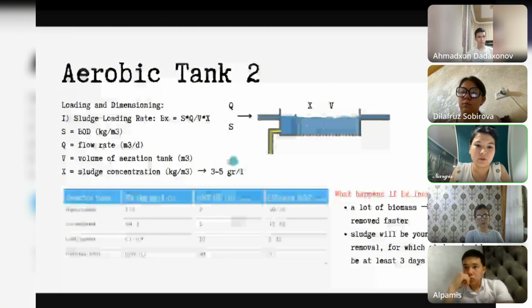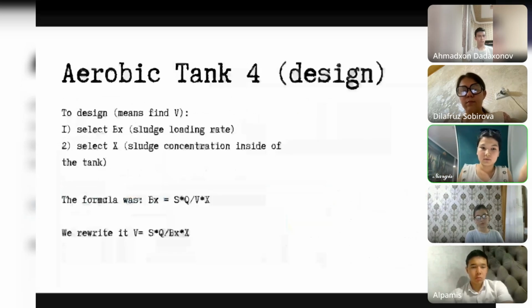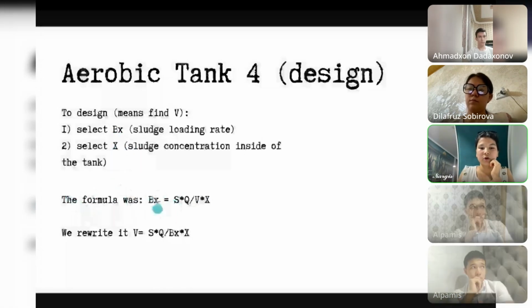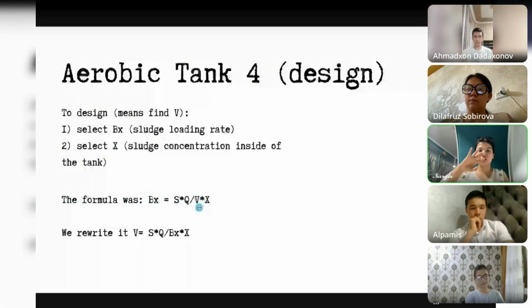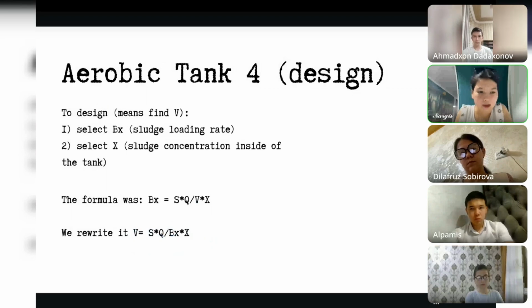So the rule of thumb is that X should be anywhere from 3 to 5 grams per liter, which means we just choose the average, which is 4, right? So now Bx is 0.4, X is 4, and in order to find Bx we use this formula. We just rewrite it, and now our formula to find the volume is C times X over Bx times X, a lot of X's, right? So now we solve the problem.